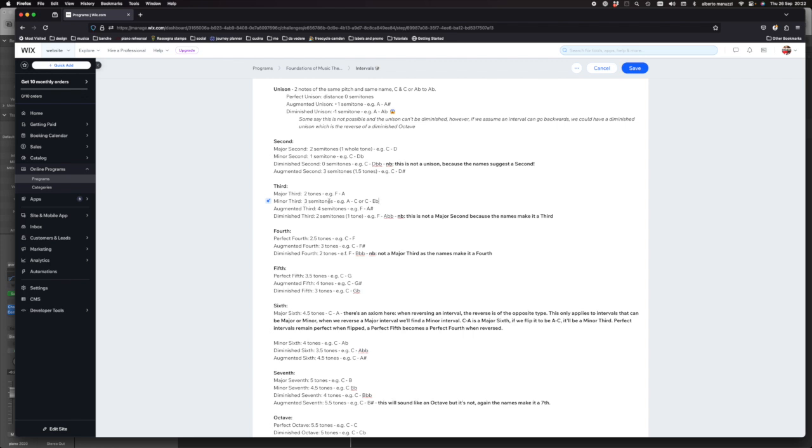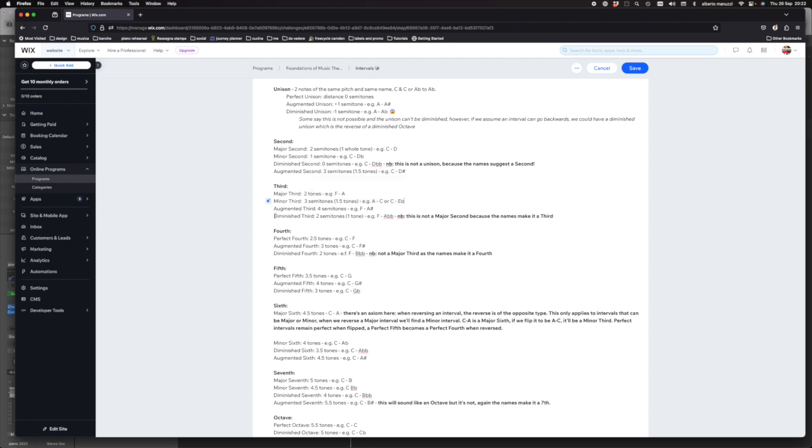You see how, 3 semitones, so 1.5 tones, same as an augmented second, but a second is a second and a third is a third. Just look again at the name.